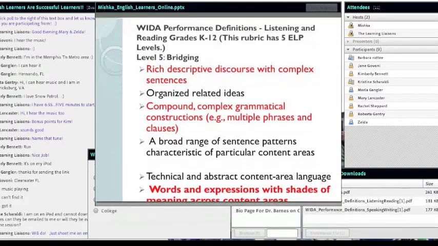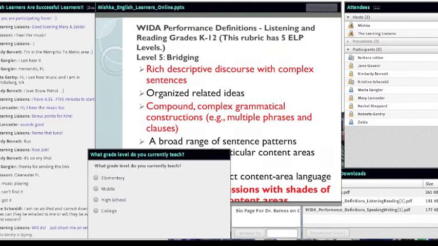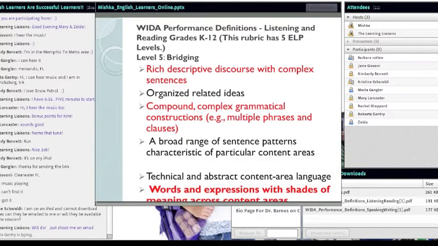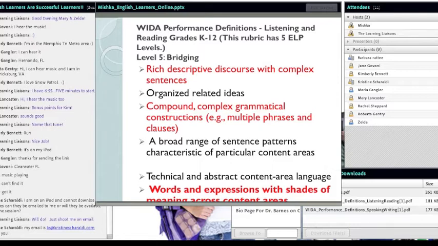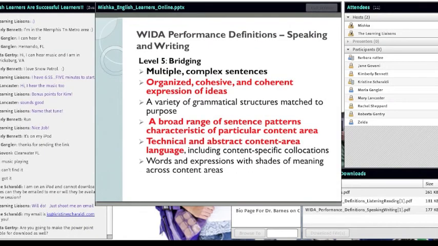They must be able to organize their ideas, and they have to have a broad range of sentence patterns. They have to be able to use technical and abstract content area language. So this is basically a rubric for the listening and reading grades K to 12. And now we're going to move on to the rubric.